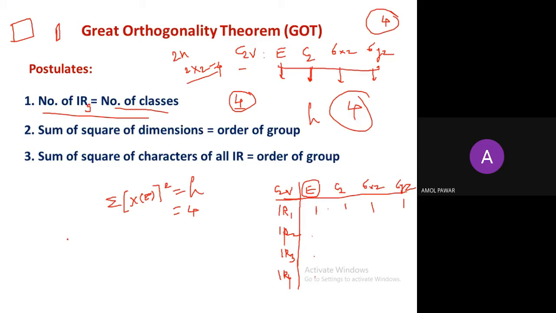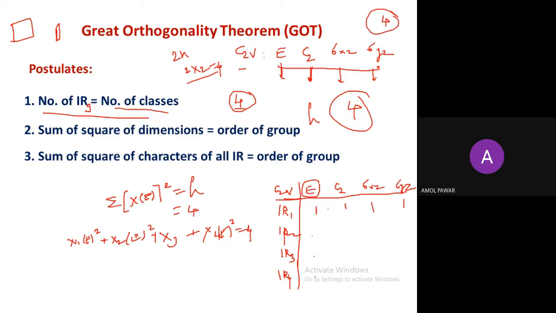You can write in this way: character 1 of identity squared plus character 2 of identity squared plus character 3 of identity squared plus character 4 of identity squared is equal to 4.